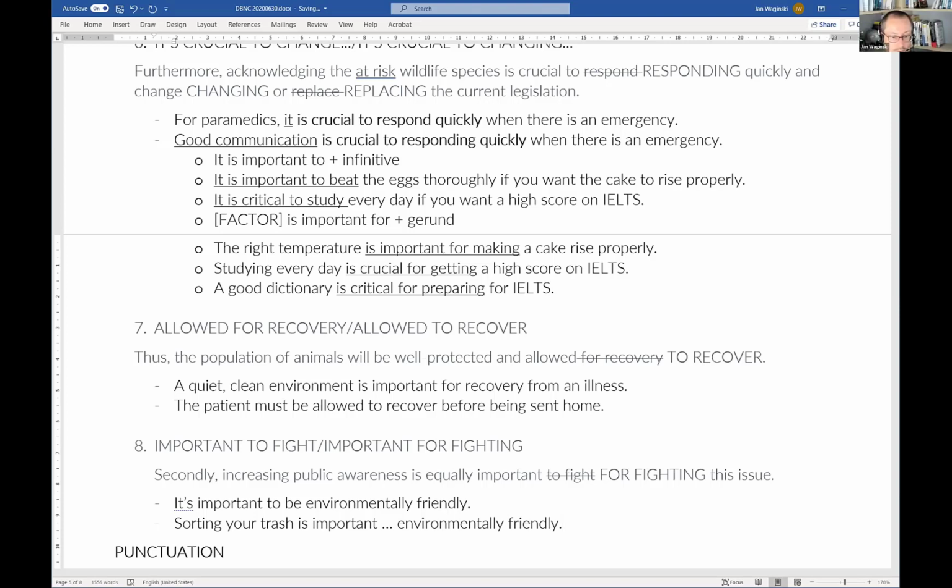How about this one? What goes here in the blank? For environmentally friendly. Or being. Yeah. It's not the best sentence, but it's grammatically correct.